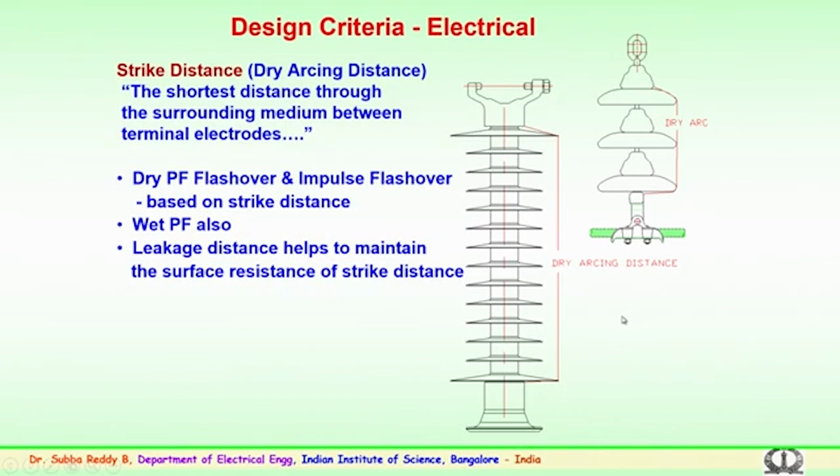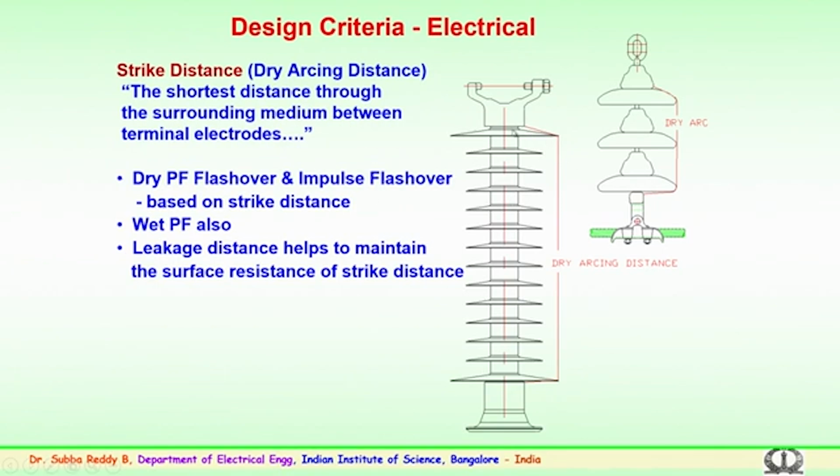The important component while designing the electrical criteria is the strike distance. What is the strike distance, or dry arcing distance, as it is known in high voltage terminology? The strike distance or arcing distance is the shortest distance through the surrounding medium near the insulator between the terminal electrodes.